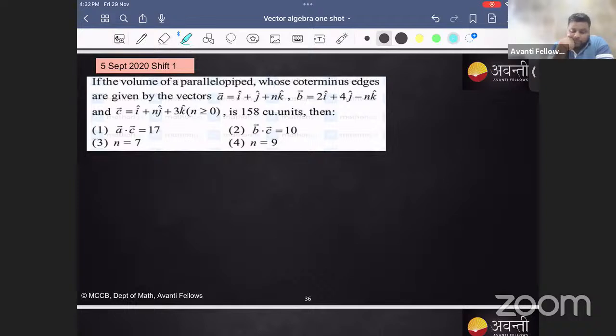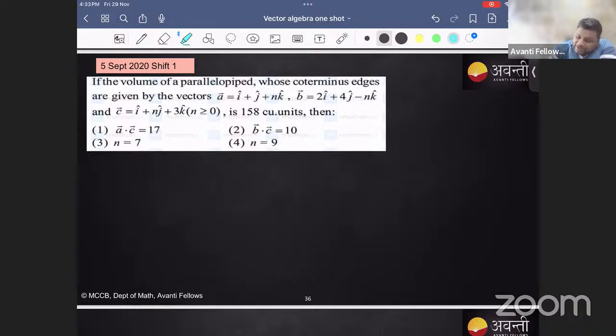If the volume of parallelepiped whose coterminous edges are given by vectors A, B, and C is 158 cubic unit, then A dot C, B dot C, whatever there is, they are asking you. So, how do I get the volume of parallelepiped?